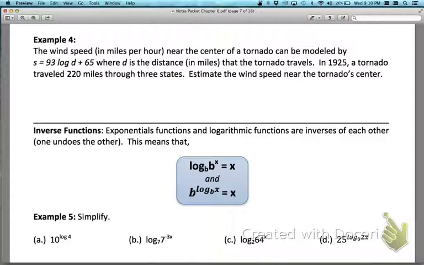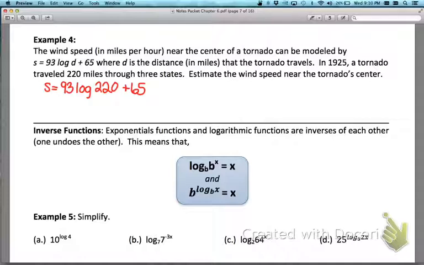So we know the distance, that's D. So we're going to go ahead and plug that into our equation. So we are going to have that S is equal to 93 times the log of 220 plus 65. Now, what base log is that? Since it doesn't say, it's a log base 10.